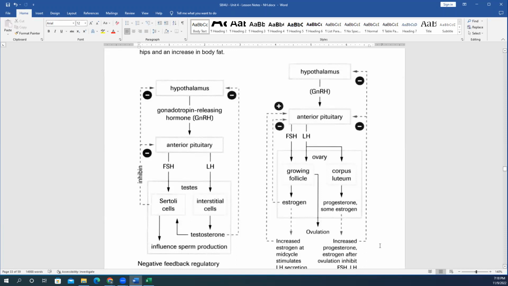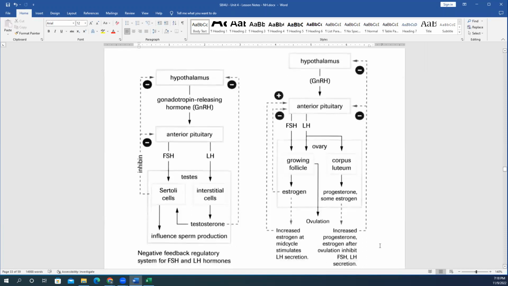Right, starting with the hypothalamus. Again, the hypothalamus produces this gonadotropin releasing hormone, which targets the anterior pituitary, and it stimulates the anterior pituitary to produce both FSH and LH.